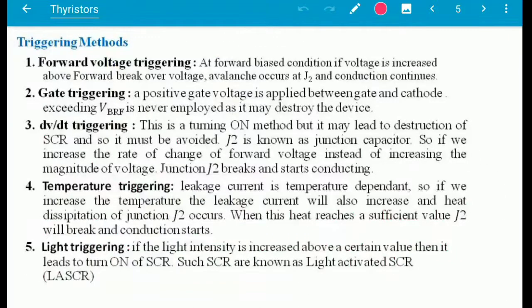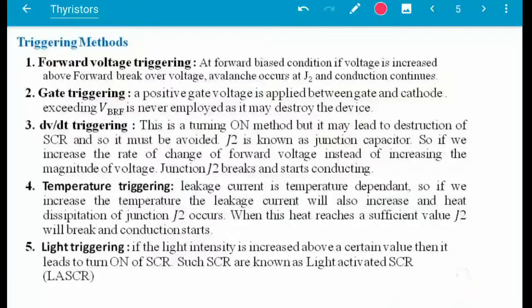Next comes the triggering methods. What are the triggering methods to turn on a thyristor? There are 5 triggering methods. The first one is forward voltage triggering. That means, as I explained previously, if we increase the voltage above the forward breakdown voltage, the avalanche occurs at J2 and it will conduct current.